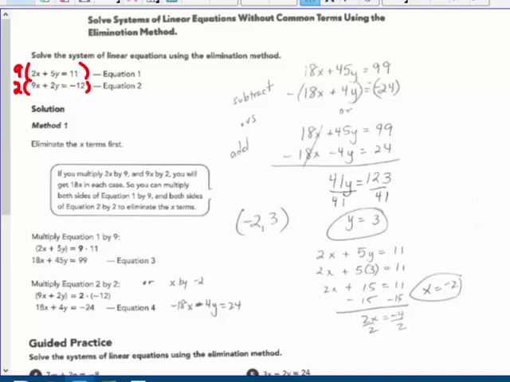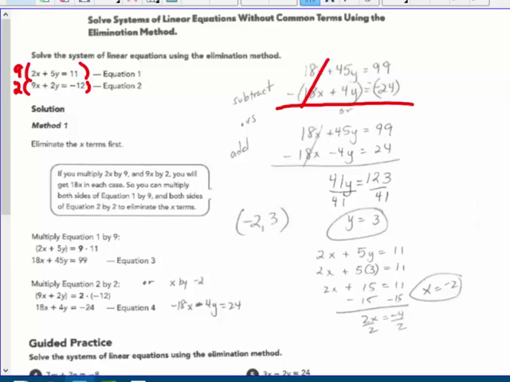So 9 times 2 would give me 18x, and 9 times 5y is 45y, and 9 times 11 is 99. Subtract, 2 times 9 is 18x, 2 times 2 is 4y, and 2 times negative 12 is negative 24. And yes, I'm subtracting those, and those are going to cancel. Or adding them, okay, you can think of it either way.